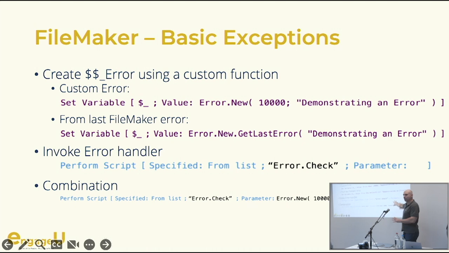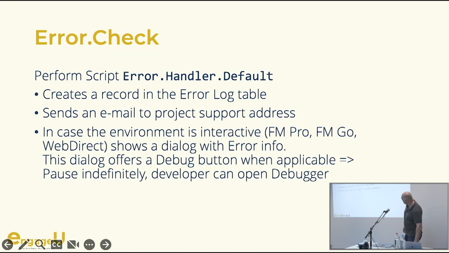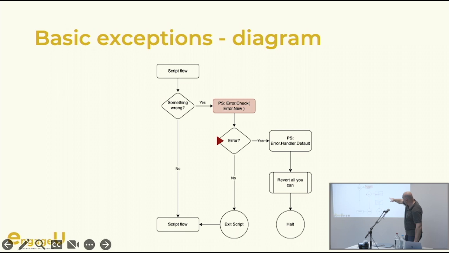Sorry, I have chosen the wrong example, but in many places of the code, I just stick a call to the script with this, and if the Get(LastError) in this case gives me a result, I'm in the error handling flow. If it doesn't give anything, straight back out. The script just picks up, as you have seen, as it would do here. Right? Okay, we revert all we can.